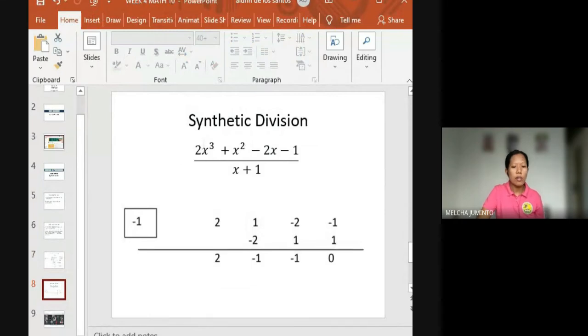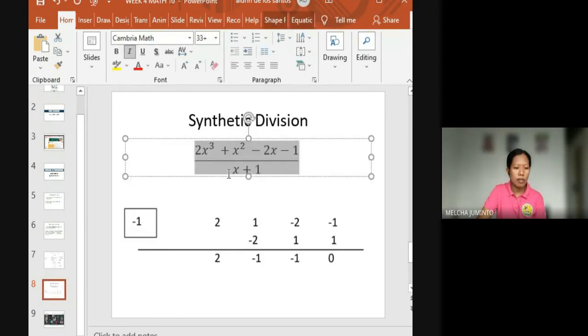So let us use the same problem. 2x cubed plus x squared minus x minus 1 divided by x plus 1. The first step is to identify the divisor, and it will be placed here in the left side corner in a box. Now, the number here will depend on the divisor.